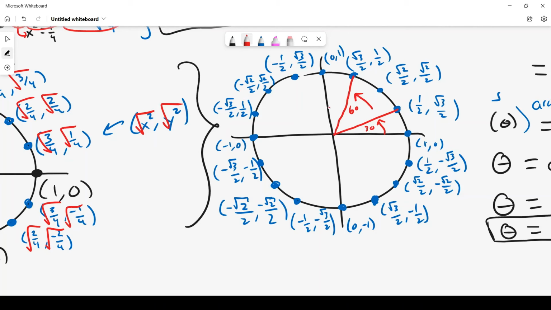So 30, 60, and then of course 90. This would be 90. Do another jump of a third here, and going all the way around here would be 90 plus 30, so 120. Another jump of a third, in which now going all the way around here would be 150. Another jump of a third would be 180 around here, and you can keep going along with that.